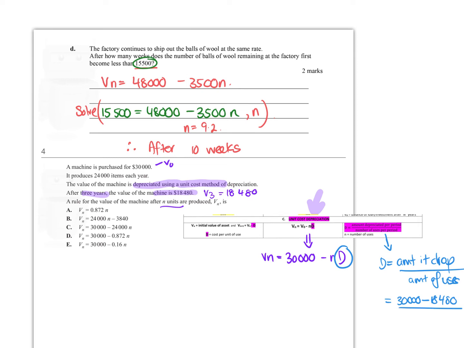And the amount of uses, it was 3 years, so it was 24,000 every year. So if we do that, what do we get D to be? I got that to be 0.16. So the final formula would have been 30,000 minus 0.16n.